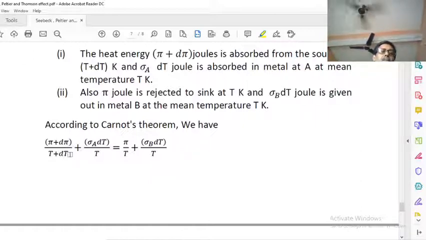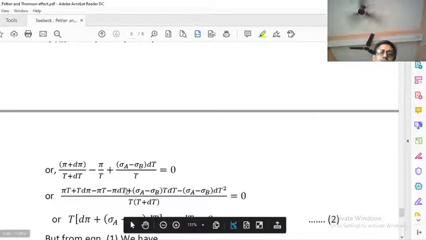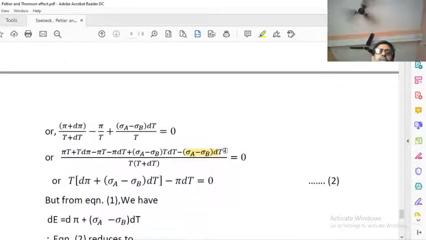This ratio is called entropy, and for all four we have written here, and now simply we solve it by taking LCM here, and this term is neglected because dT is very small, dT squared will be much smaller, so due to being extremely small this term is neglected.